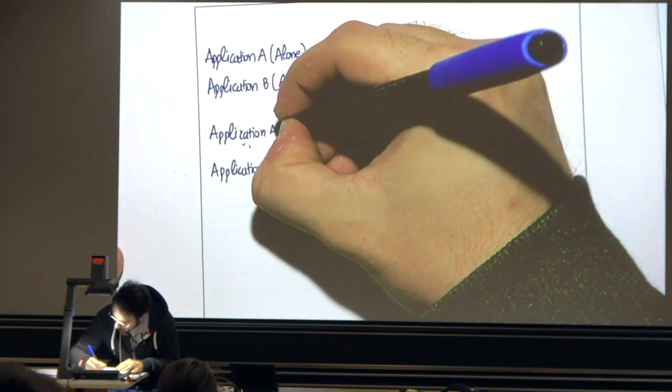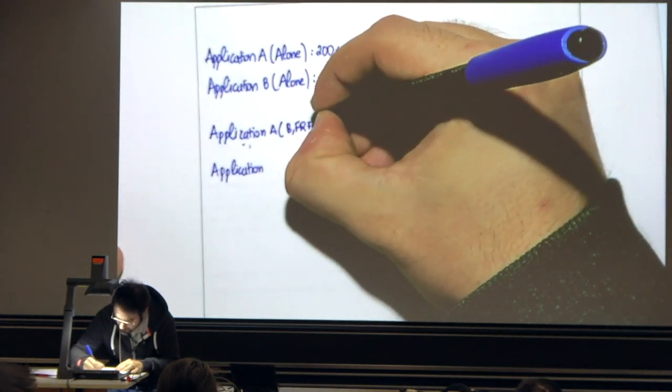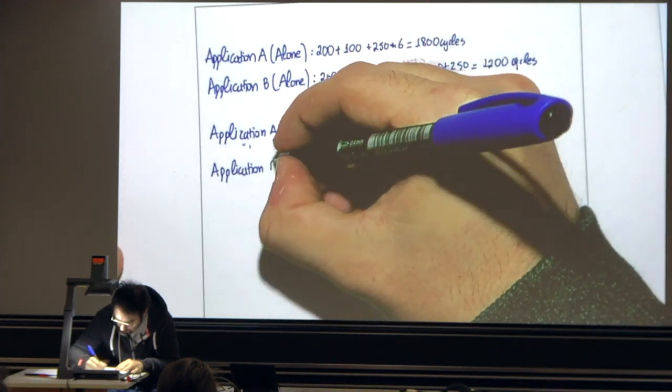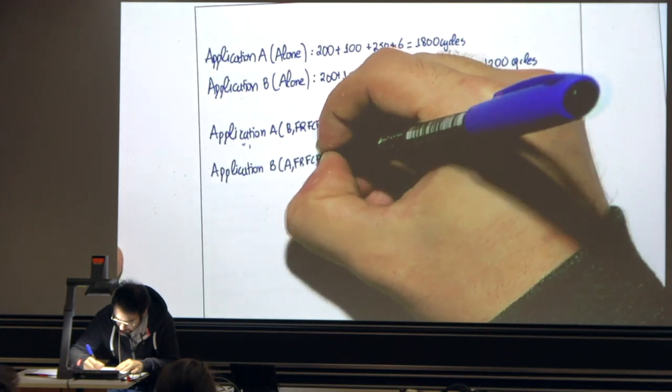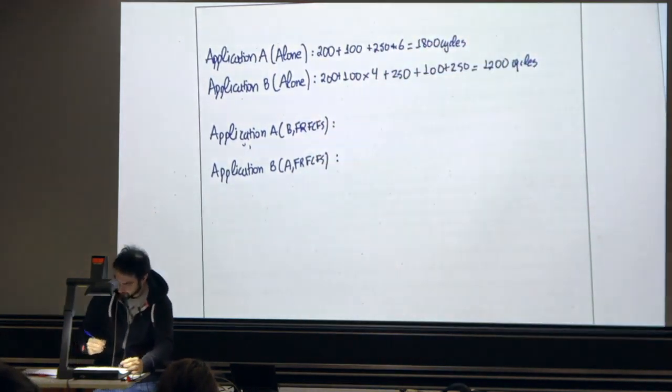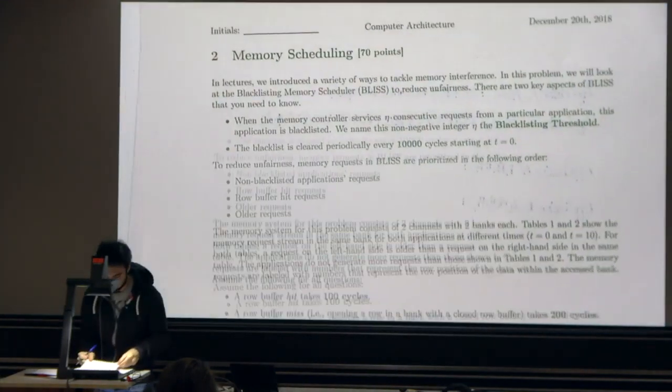So it's application A when you run it with B and FR-FCFS, and application B when you run it with A with FR-FCFS.